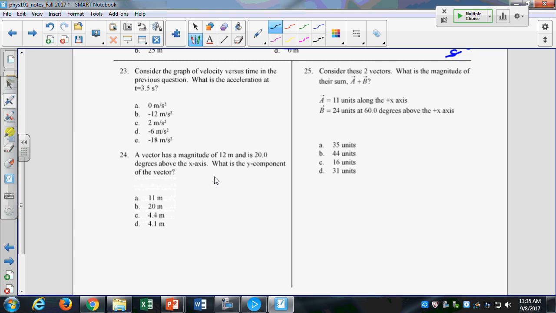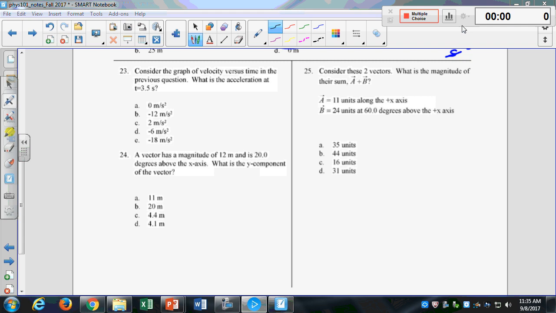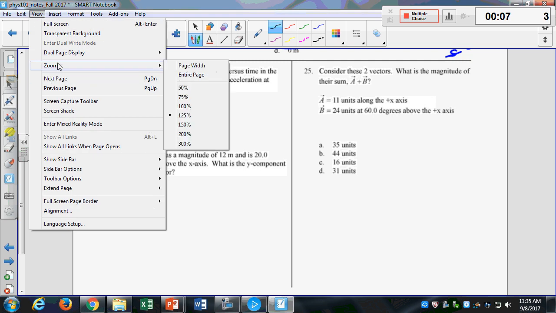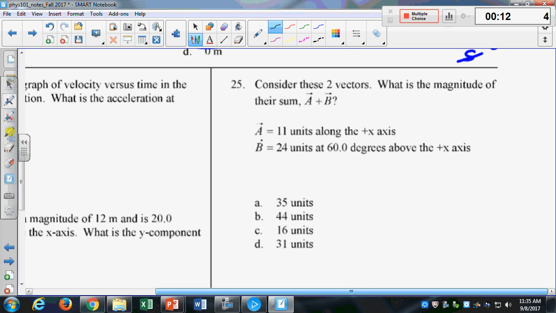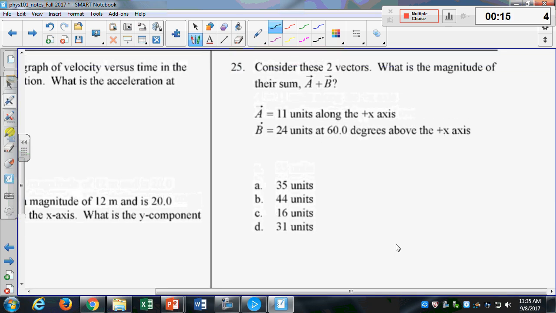Number 25 on exam 1. I want to know the magnitude of the sum of those two vectors. Your test will look very, very similar to this. Draw a picture, find the x and y components, add the x components, add the y components, and use the Pythagorean theorem to find the magnitude.